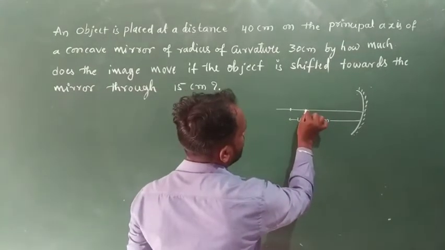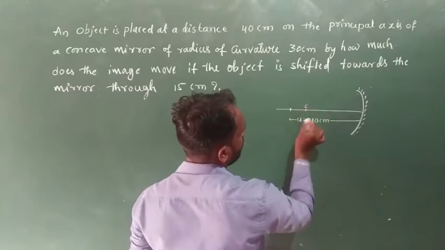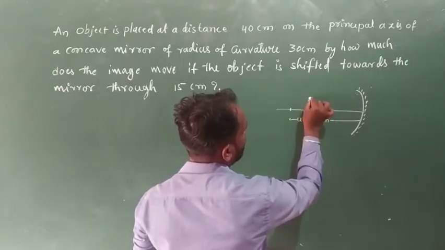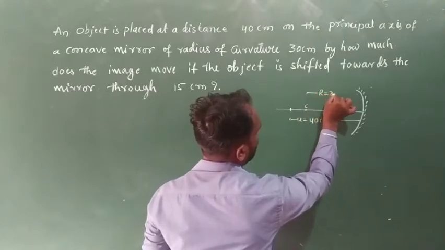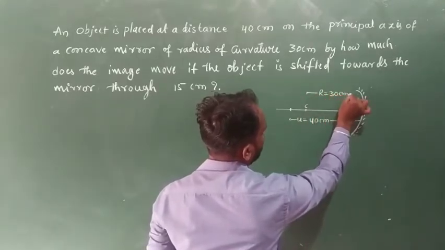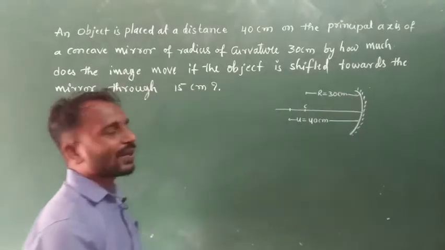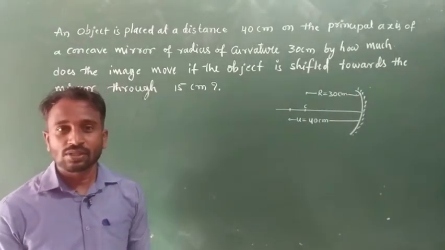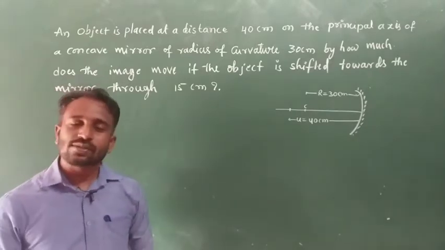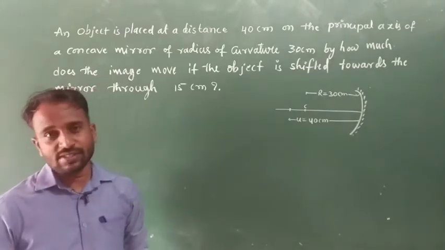Here we consider the center of curvature C, and the distance in between, R, is equal to 30 centimeter. So the radius of curvature is 30 centimeter. It means the focal length value is 15 centimeter.